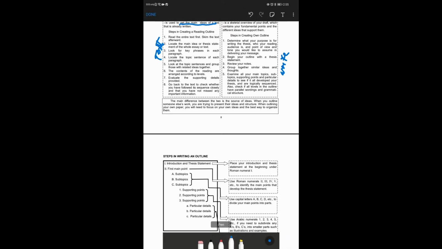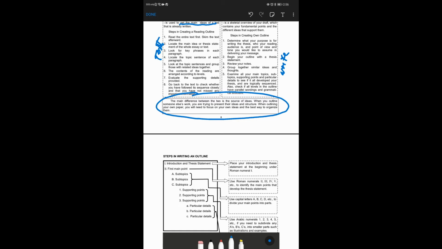In the note here, in this box, it says: the main difference between the two, the reading outline and the writing outline, is the source of ideas. When you outline someone else's work, that is called a reading outline. When outlining your own paper, the essay you will write, you will need to focus on your own ideas and the best way to organize them.